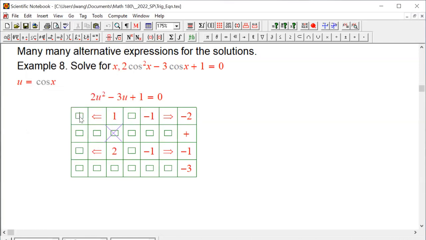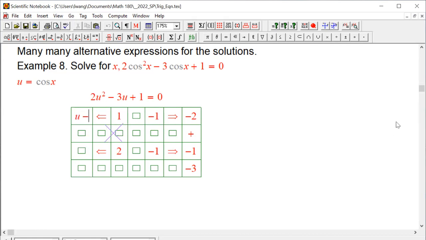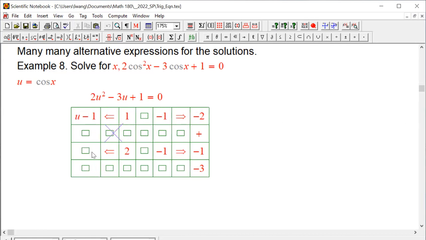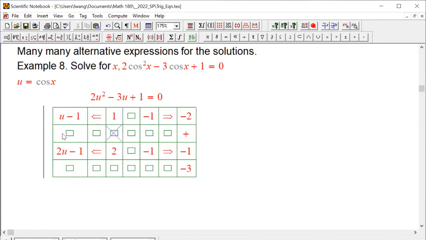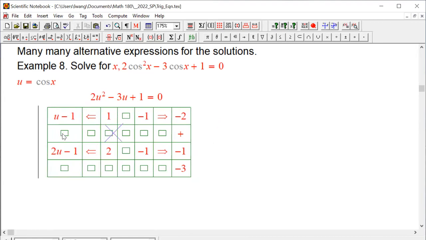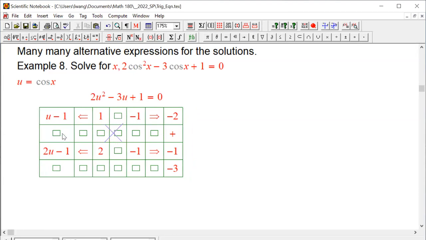So this first row is u minus 1. U minus 1 is going to be that factor. And this one is 2u minus 1. So we got the factors. Take a close look and double check.